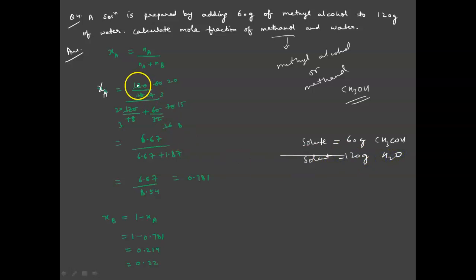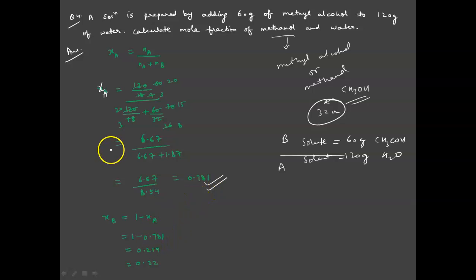So here we have A means water, B solute. So 120 upon 18. 18 is the molecular weight of water. Similarly 120 upon 18 plus 60 upon 32. 32 for the methanol 32U. After calculating, we got 0.781. The value is 0.781. Similarly, we will calculate the mole fraction.